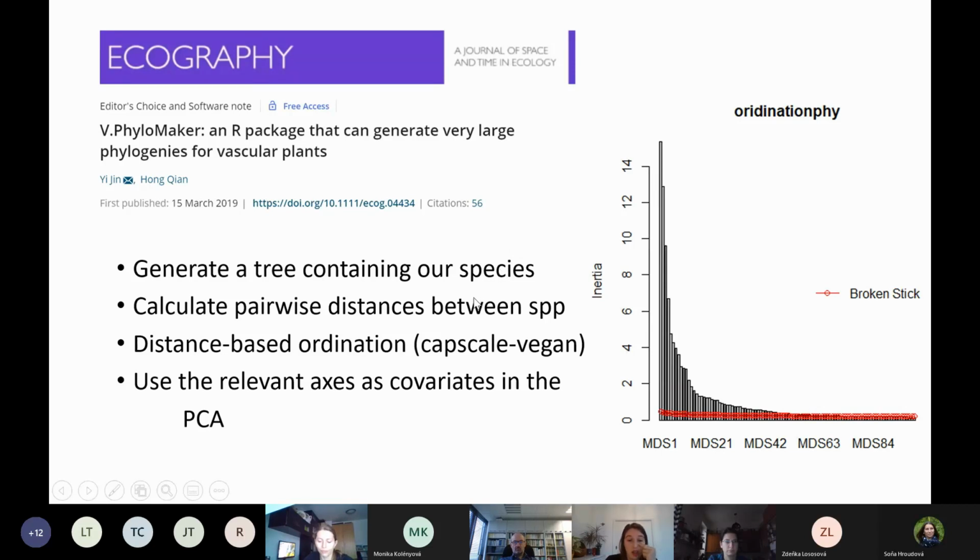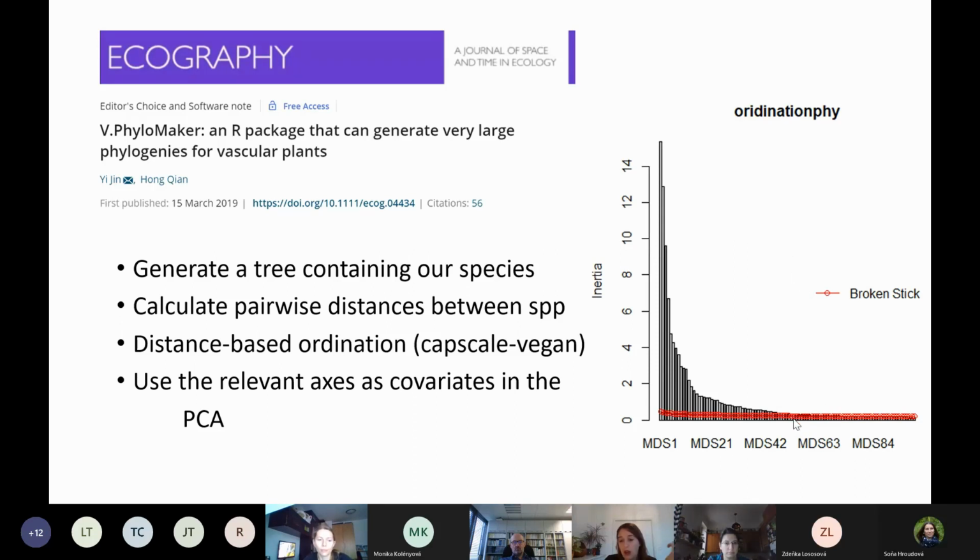With this pairwise distance, we build an ordination only with the phylogenetic distances. Here we are not accounting for the traits anymore. And then I did this analysis, the broken stick, to check which of the phylogenetic axes were meaningful.